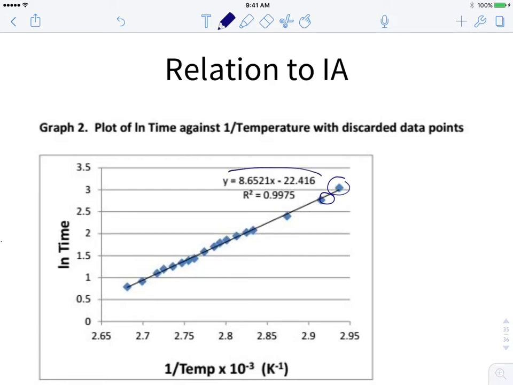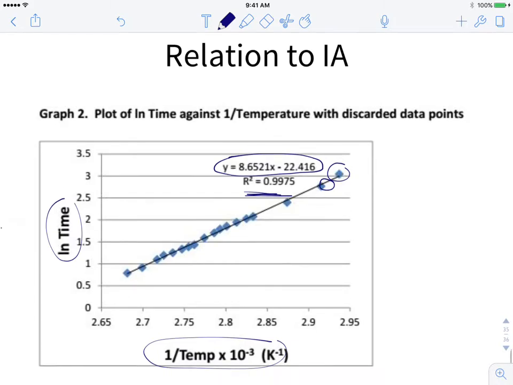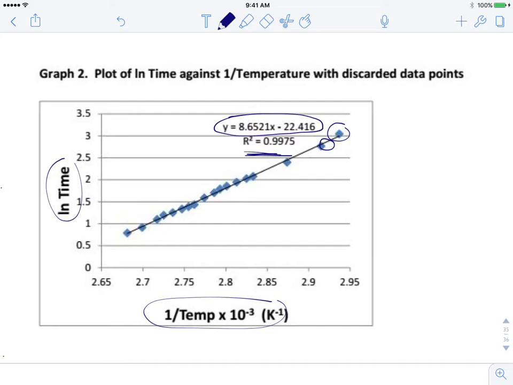It has the equation that my graph above was supposed to have but didn't. It has a correlation coefficient. It has axes that are labeled with numbers and titles. So this graph is pretty complete. A few things missing, but it's pretty complete. When you do a graph, this is what you need to be able to do.